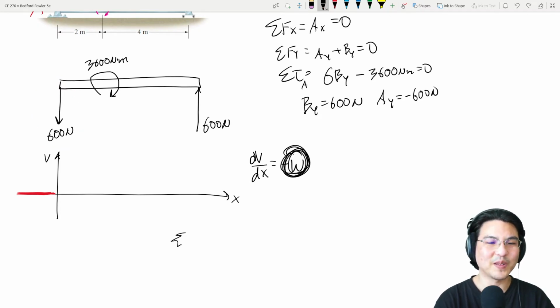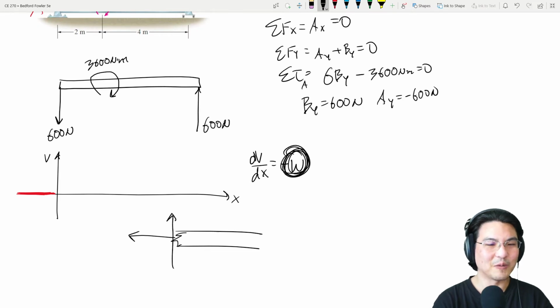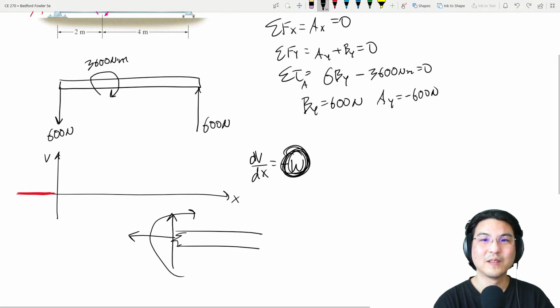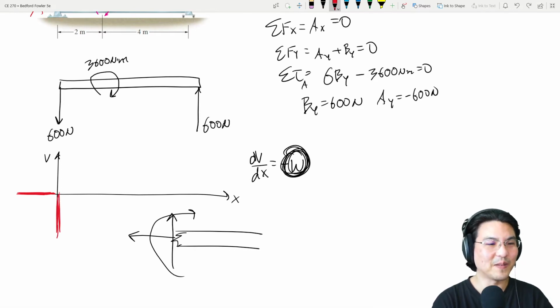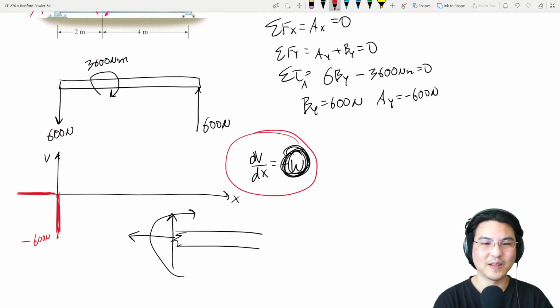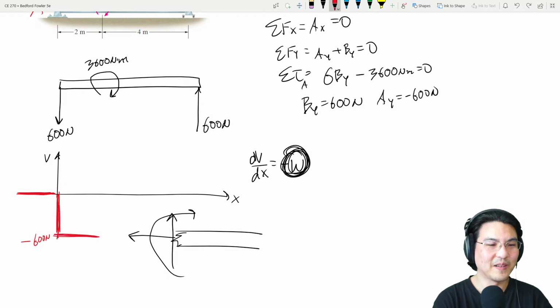And is that positive or negative? Right, so we're cutting along the beam. If we cut it over here, this way is axial force, this way is shear, this way is bending moment. So this is actually in the negative direction. So this would be negative 600, suddenly. But then from here to here, it's constant.